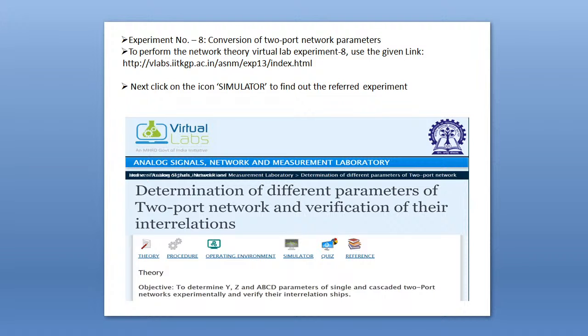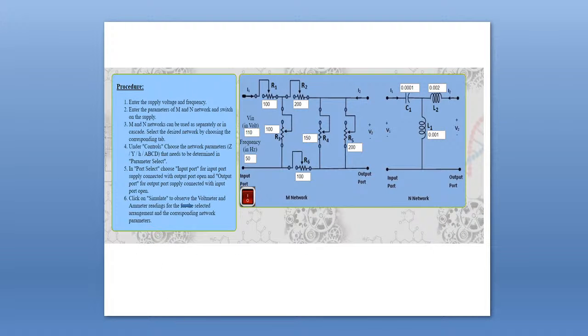You visit the virtual lab site, then you click on the simulator icon among the 6 icons, and then you can find the link for today's experiment. You click that link and you see the circuit diagram.